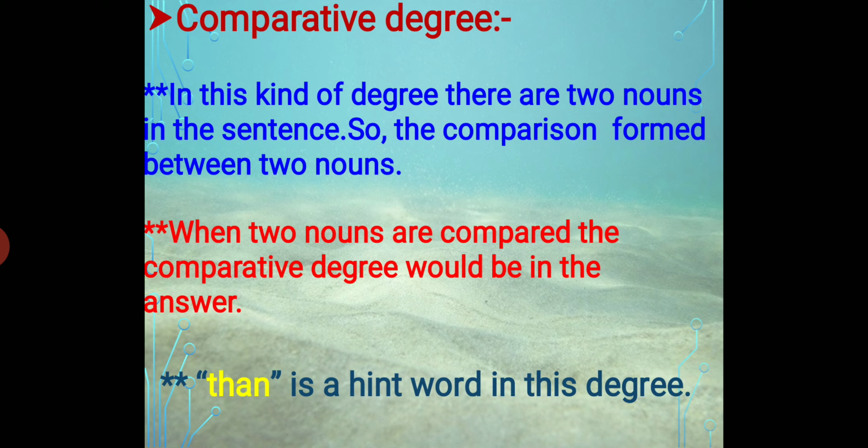If you are confused about how to identify that the answer in the sentence would be in the comparative form, then 'than' is your hint word. If 'than' is in the sentence, you can easily identify that it is the degree of comparison.